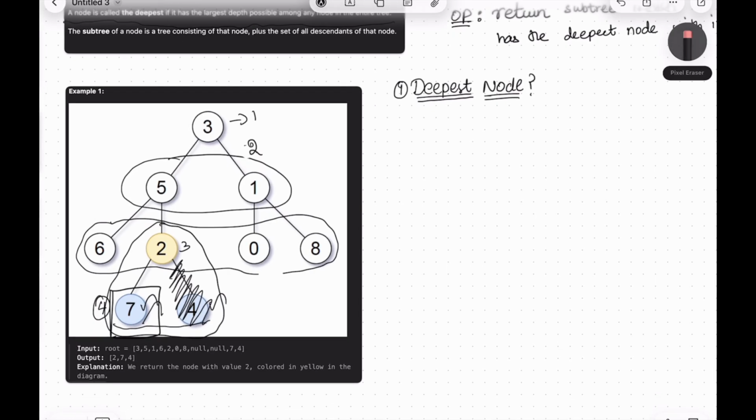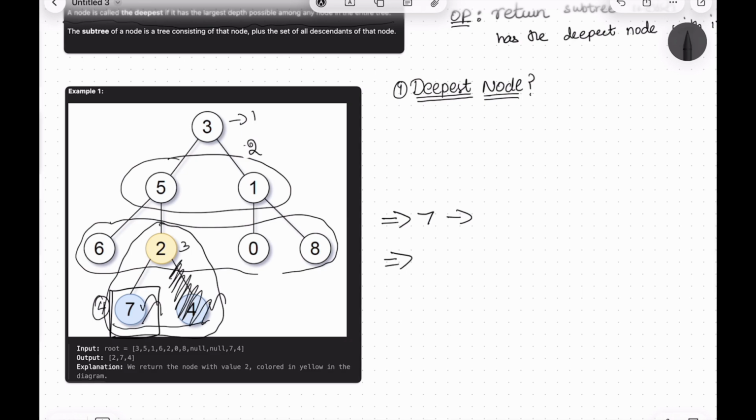So the output will be 7 if only one deepest node exists. If two deepest nodes exist, that is 7 and 4, this becomes 2, 7, 4, right?